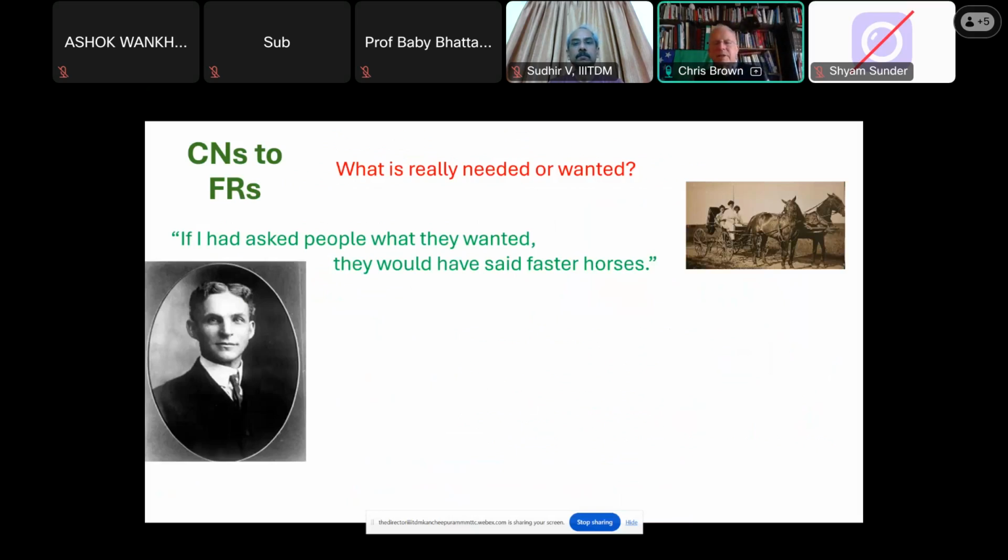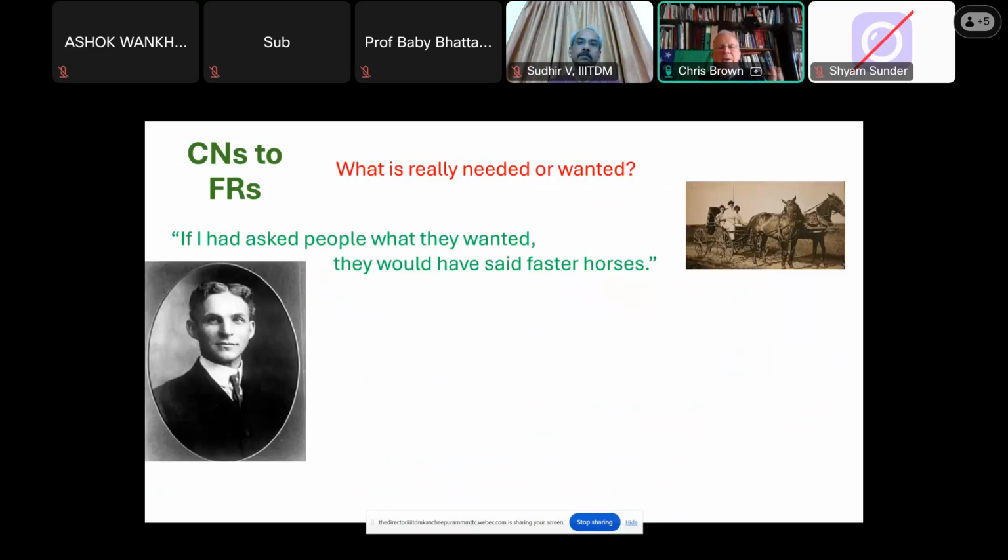It's important to listen to the voice of the customer, but you don't want to have the customer dictate the solution because their vision may not be so broad. So people have credited Henry Ford with saying, if I'd asked people what they wanted, they would have said faster horses.